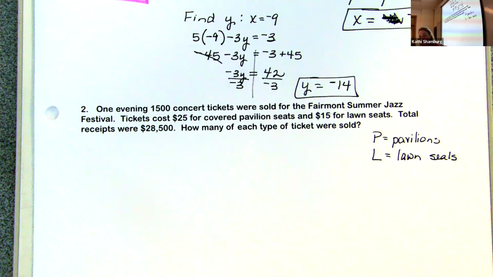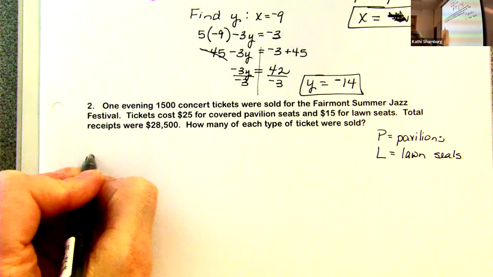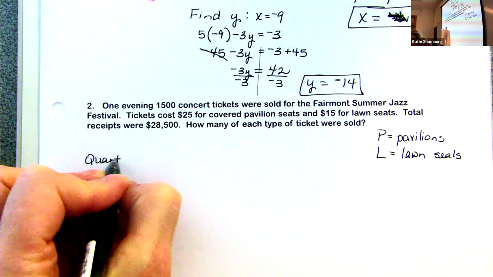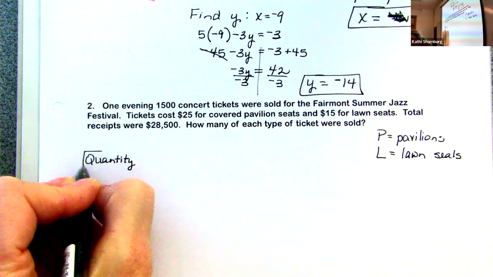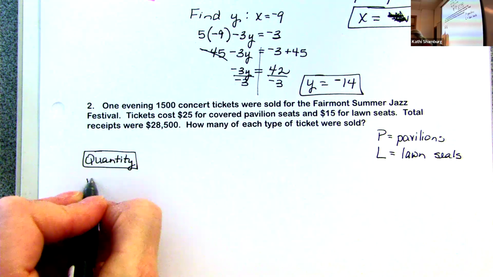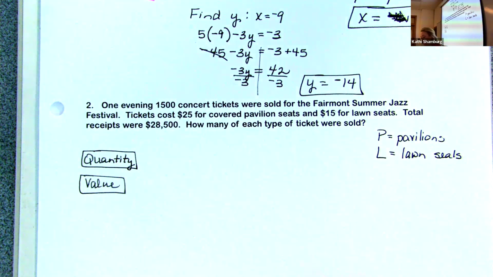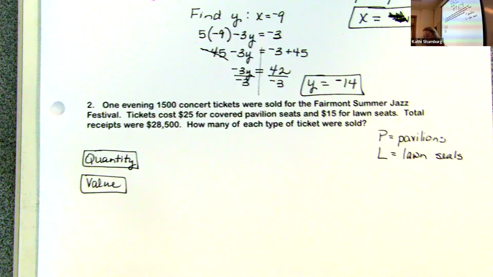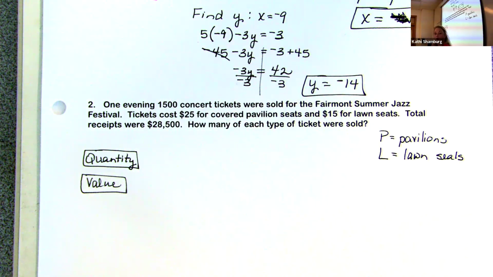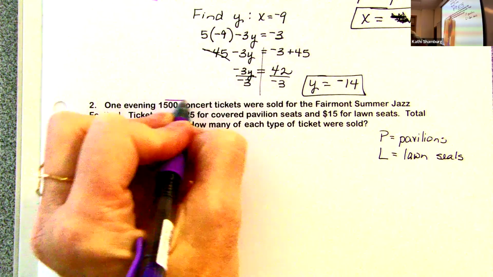Okay, so that means I'm going to create an equation that deals with quantity. And then a second equation that is going to put the value to everything. Okay, so in the information given, what number goes with quantity? $25 is money, that's value. Oh, okay, if I misheard, sorry.